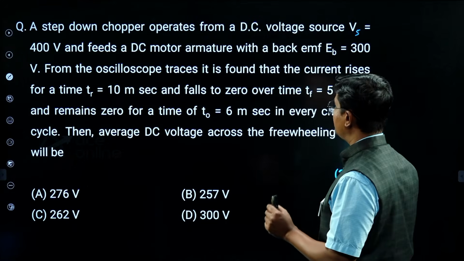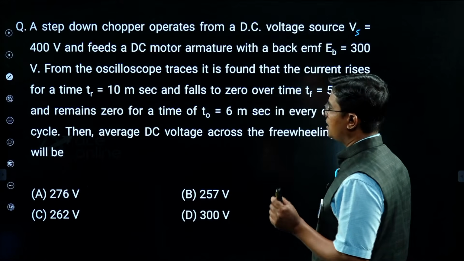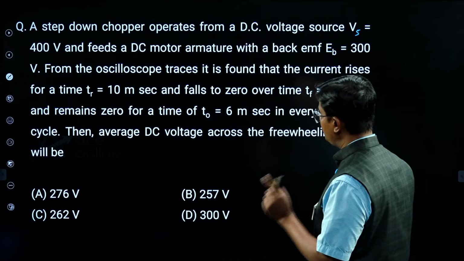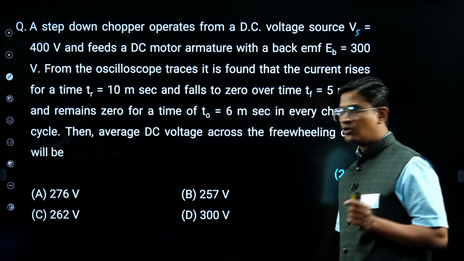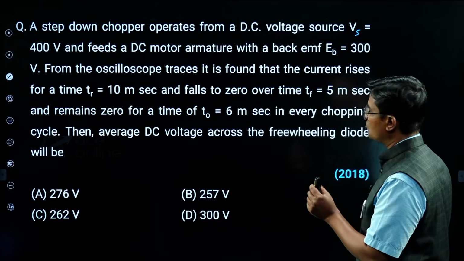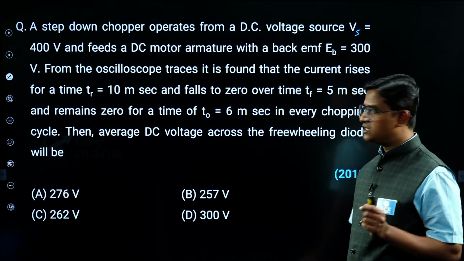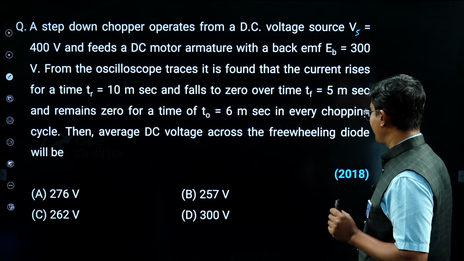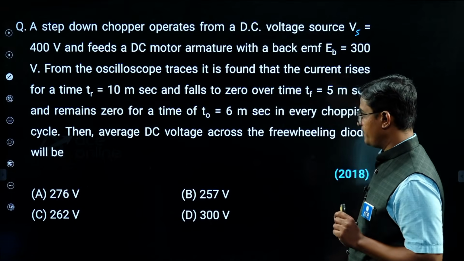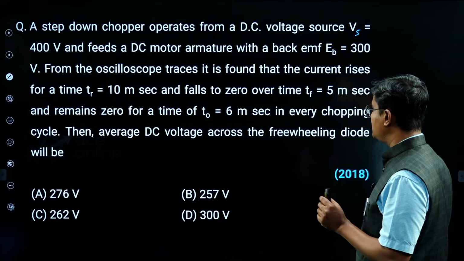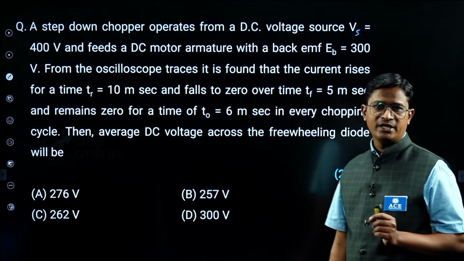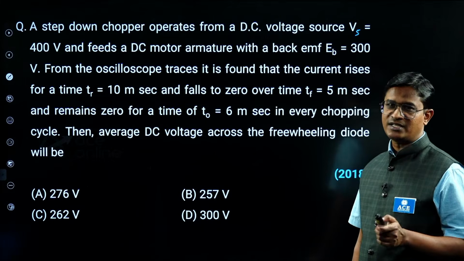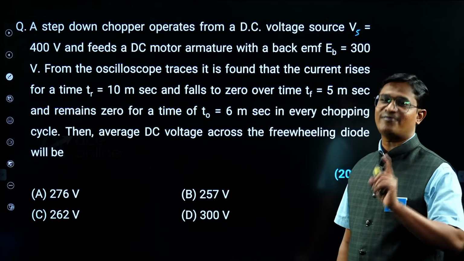From oscilloscope traces, it is found that the current rises for a time Tr equal to 10 millisecond, falls to 0 over time Tf equal to 5 millisecond, and remains 0 for time T0, 6 millisecond, in every chopping cycle. Then the average DC voltage across the freewheeling diode will be. They are asking for VDF average, not V0 average.